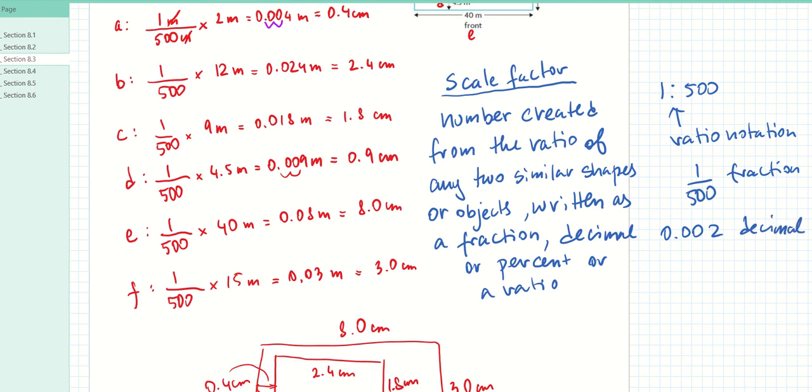So I have ratio notation, we have fraction notation, we have decimal form, and if you multiply your decimal times 100, you're going to get your 0.2%, which is percent form. So all those are forms that we can state the relationship between two sizes, two similar shapes, or two similar objects. All right, so let's take a look at one more example.